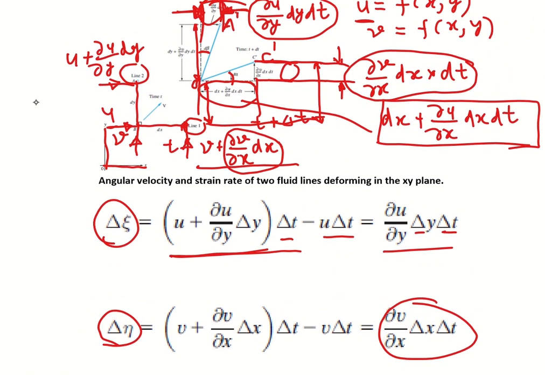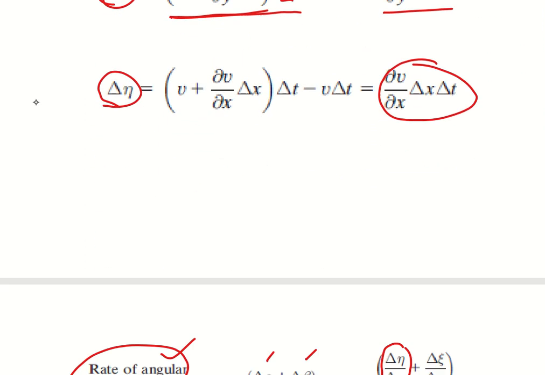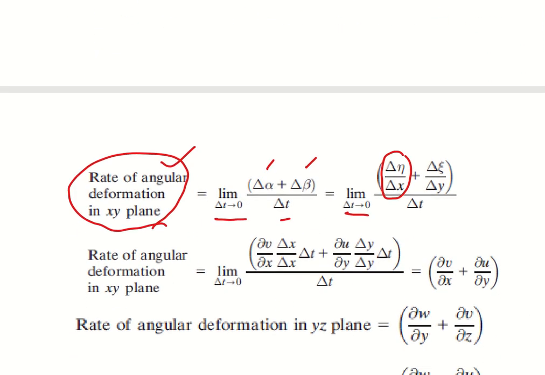Delta alpha, this angle. So this delta alpha is equal to this distance, which is equal to del v over del x into dx into dt divided by this distance, where we are neglecting the higher order term, multiplied by dx dt. So this may be written as del eta over del x plus del xi divided by del y, and this whole is divided by delta t.